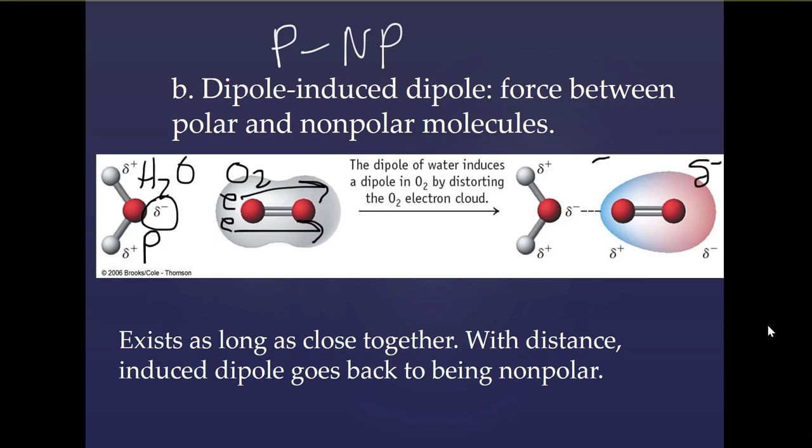So this is what induced dipole means. So again, it will stay this temporary polar molecule until the water is further away. And then it will go back to being nonpolar. So the stickiness in between the two molecules, this dipole-induced dipole, that is the attraction of the positive of this oxygen molecule to the negative of the water. And so that is your dipole-induced dipole force.